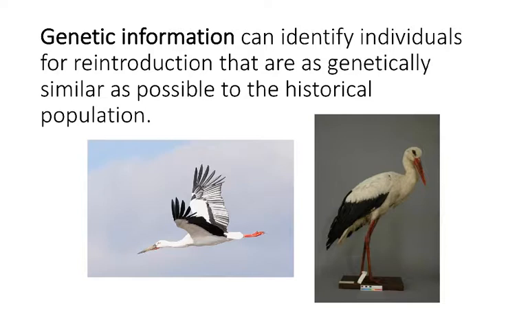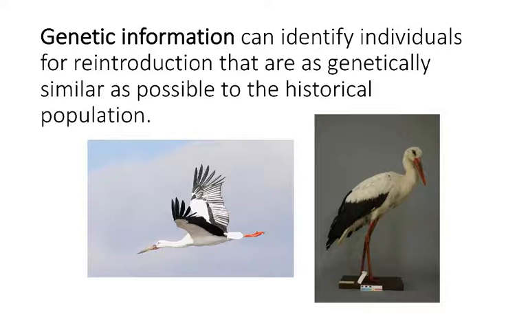When we're thinking about which individuals to move and reintroduce into the area, genetic information can be really, really helpful and informative here in terms of choosing the correct individuals to make sure we're setting up these individuals for success. So an example of this was with oriental white storks, and they wanted to reestablish a population in Japan.